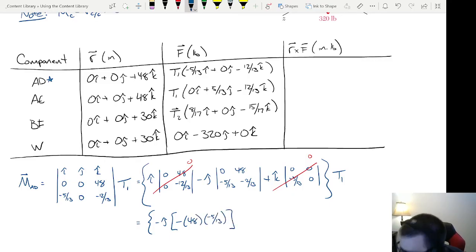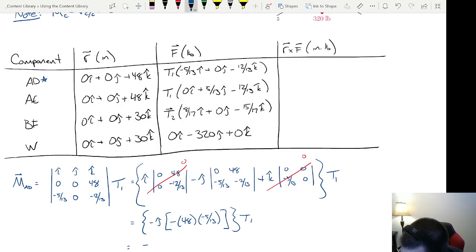So you've got to track your negatives because there's a lot of negatives in there. So what do we have? We have a negative times a negative times a negative. So negative, and then this ends up being negative 48 times 5 is 240. So it ends up being negative 240 over 13 T1 times J.